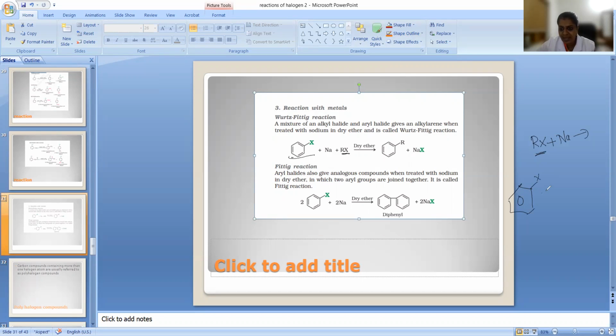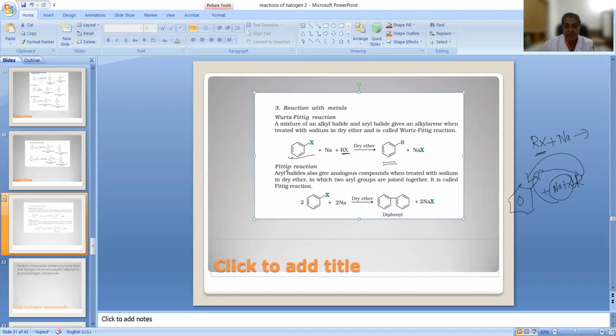Here X is there and sodium will come here, and here RX. It will be removing NaX, and at this place R will come. This also will be removed, and at this place R will be coming. So we will get the corresponding product: the halogen atom will be substituted with the alkyl group.